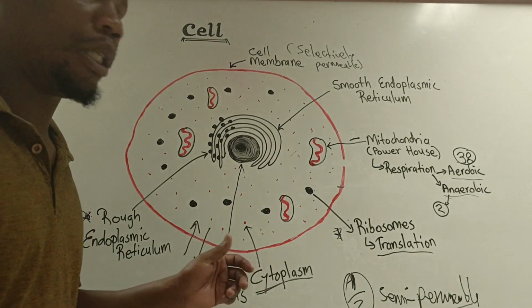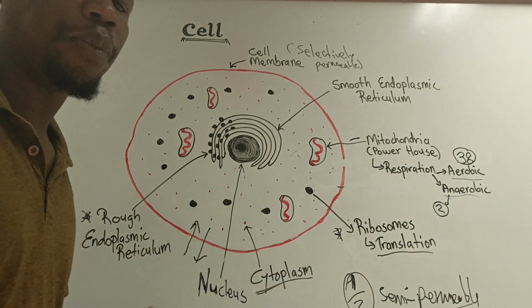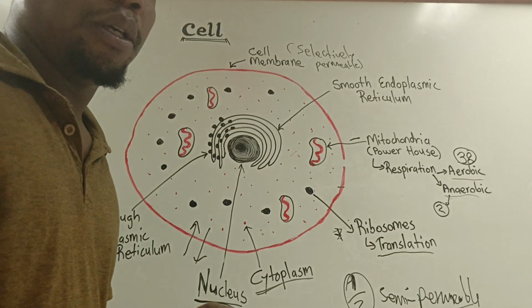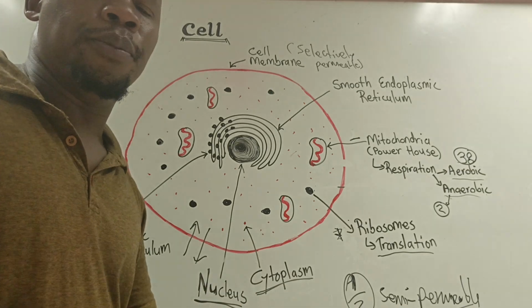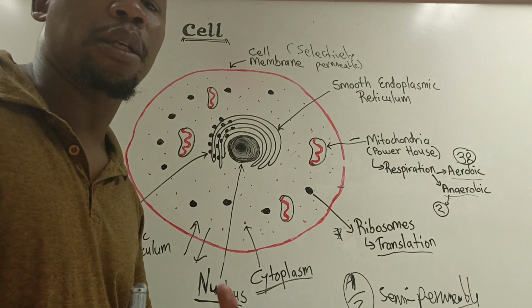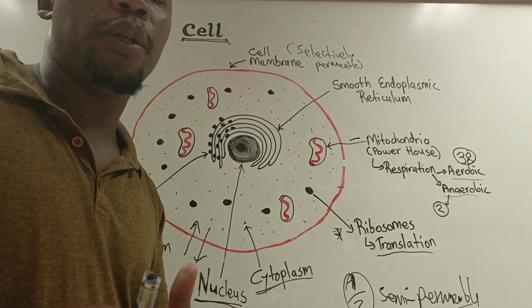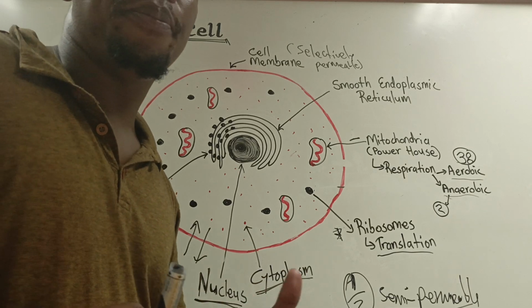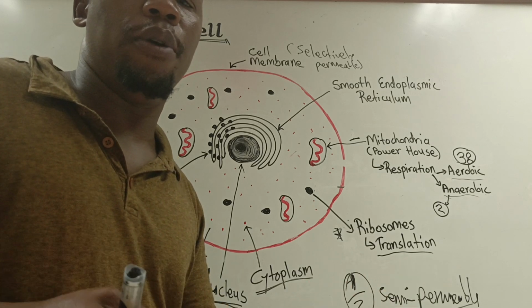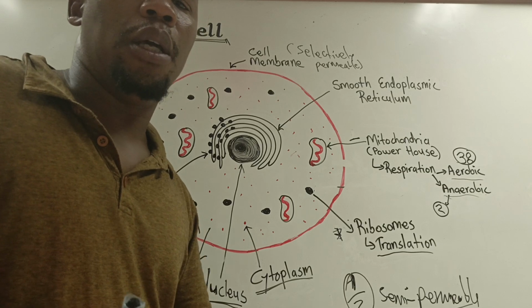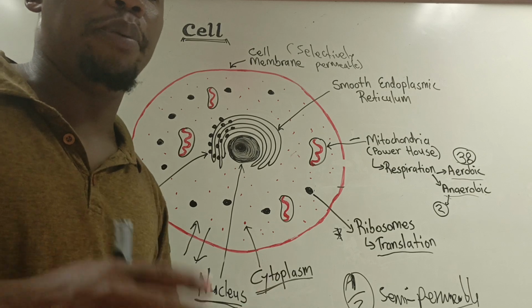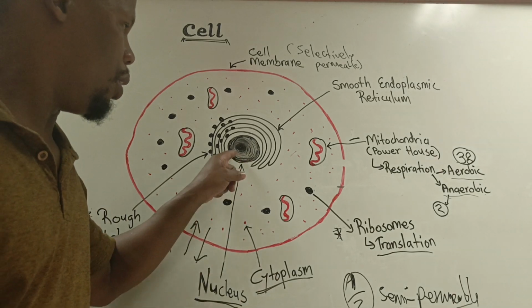So the last structure we discuss in the cell, the last organelle, is the nucleus. Very important organelle. Nucleus is like the brain of the cell. It contains hereditary information about you. The information, like you were made up of the sperm and the ovum from both parents, right? That hereditary information from both parents got stored in the nucleus.